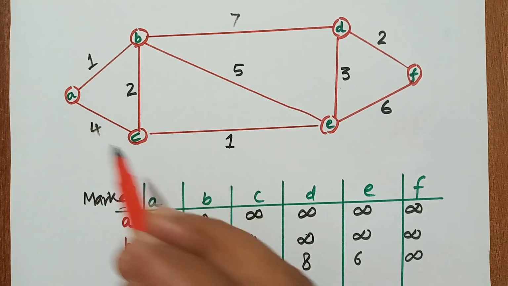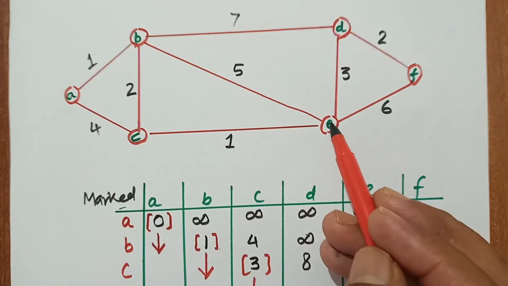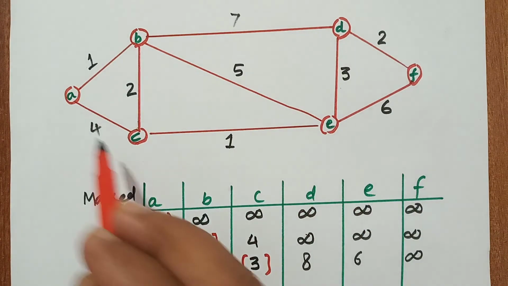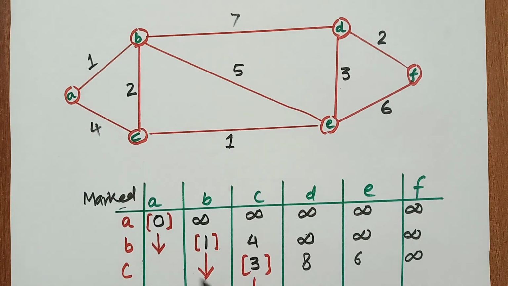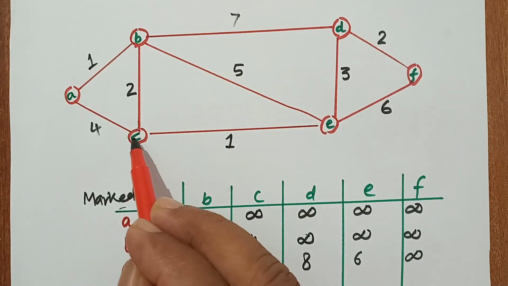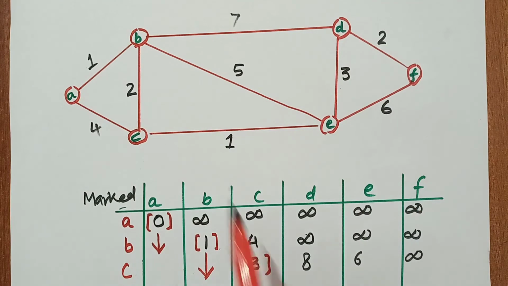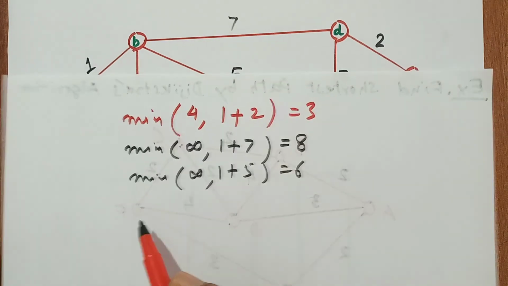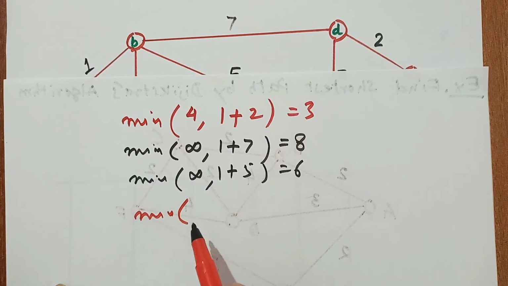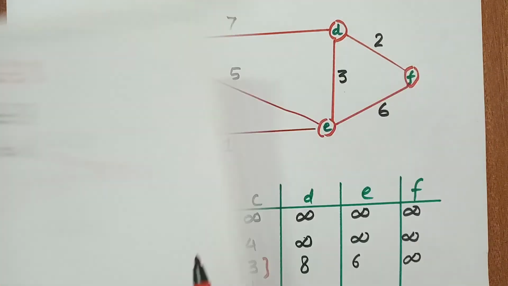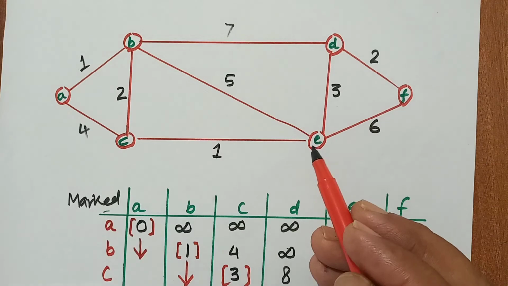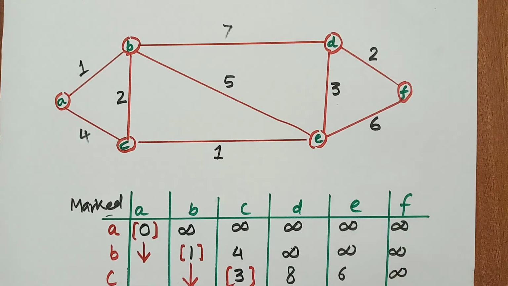So A, B and E. But A and B are already marked, so don't touch them. Okay, so we only use C to E. So what is the formula? Formula is minimum of the old value. So what is the old value of E? So old value of E is 6.